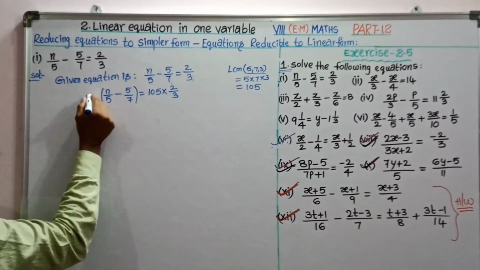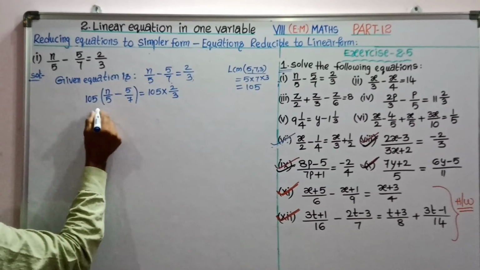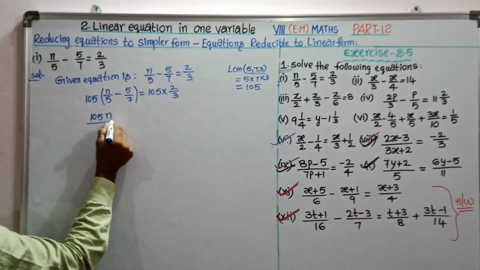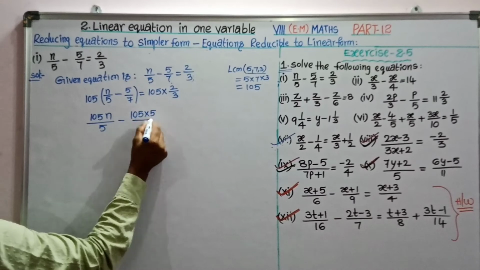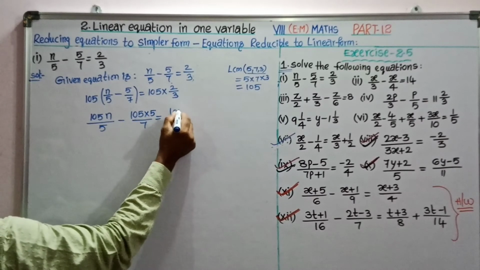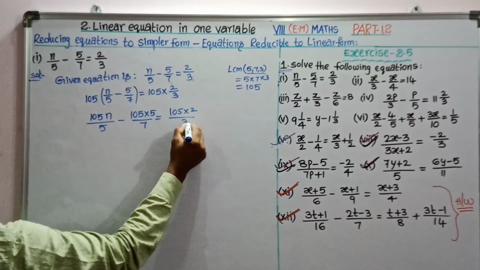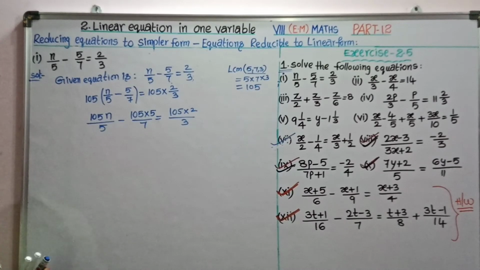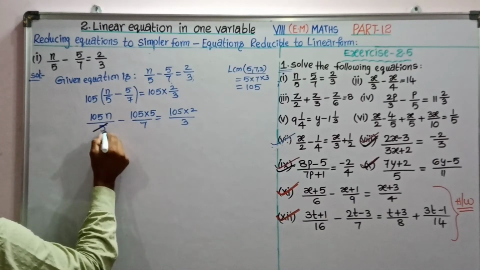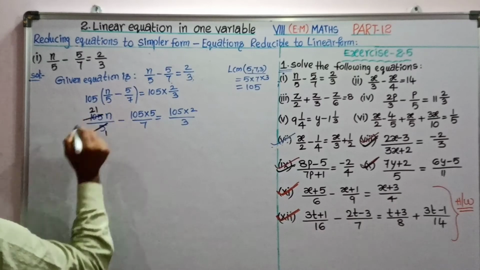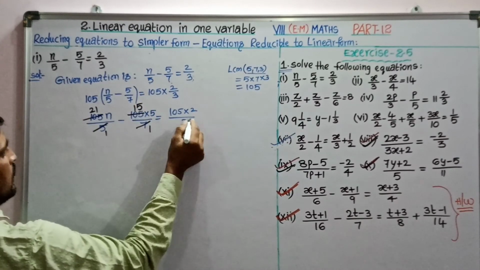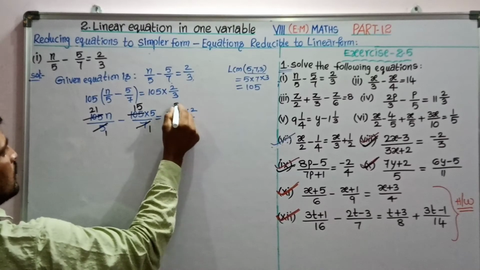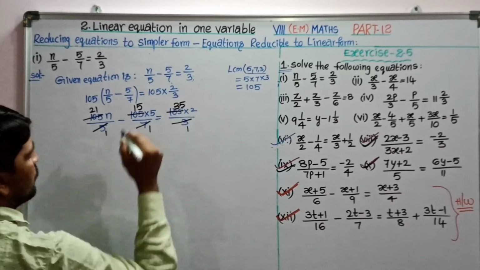Okay. Now distribute this 105 into n, 105 n by 5 minus 105 into 5 by 7 which is equal to 105 into 2 by 3. 5 ones are 5, 21s are 105, 7 ones are 7, 15s are 105, 3 ones are 3, 35 are 105.